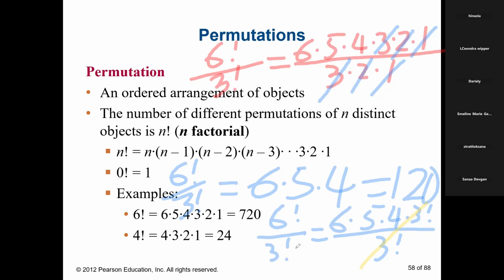If the bottom number were 4 factorial, I would stop at 4 factorial. If the bottom number were 5 factorial, I would stop at 5 factorial. Is this clear? Got it? Okay. Now, let's continue here.